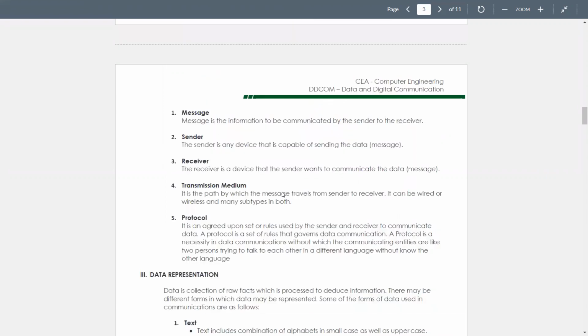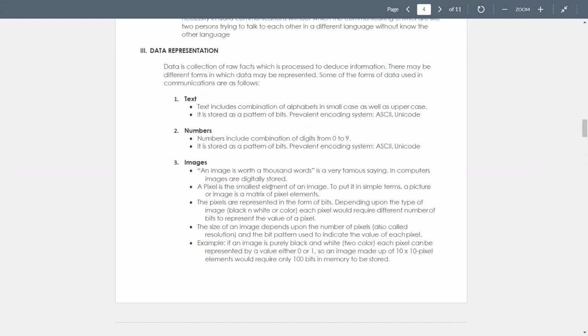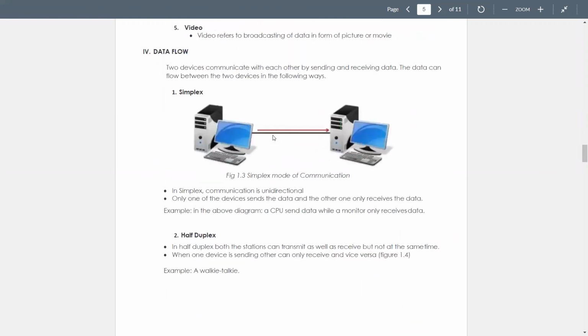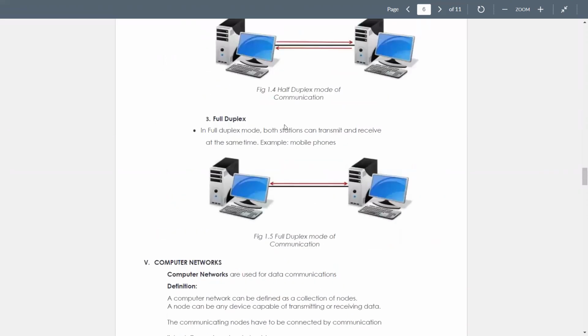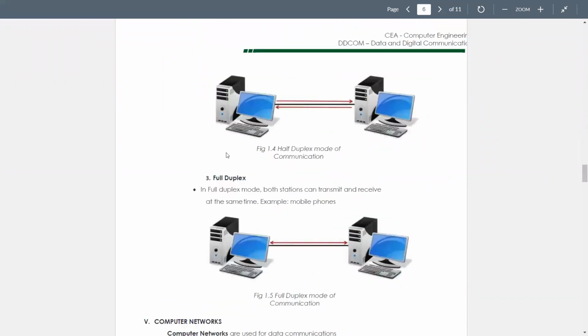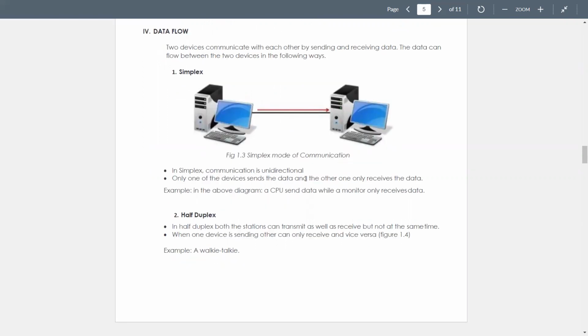That's the components. And then data representation, you know this one. And we have also the data flow. We have the simplex, half duplex, and the full duplex. This is also a very critical part of data communication, wherein you should design your digital signal processing so that it can be supported with these different types of data flow.